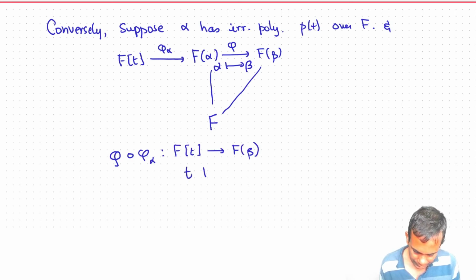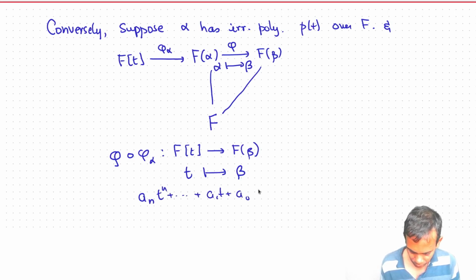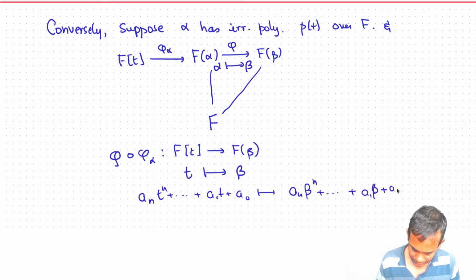and this takes t to beta. Since it's a ring homomorphism, it also takes a_n t to the n plus ... plus a1 t plus a0 to a_n beta to the n plus ... plus a1 beta plus a0.